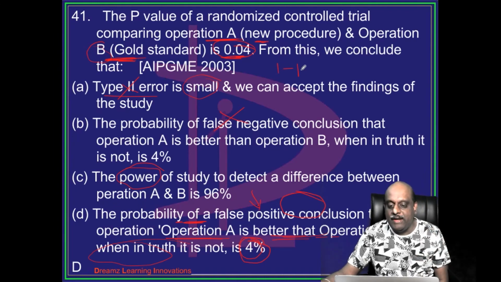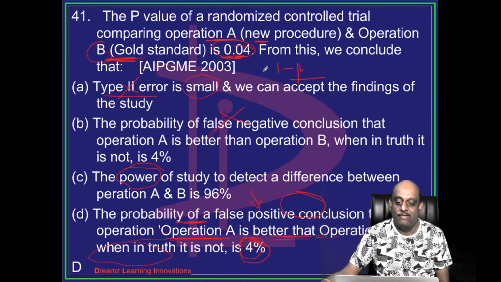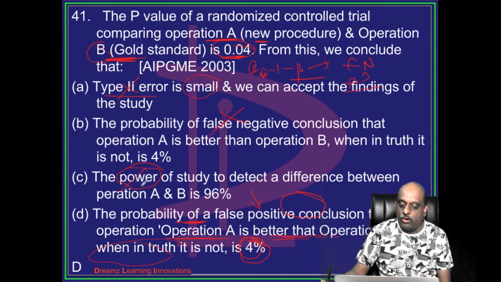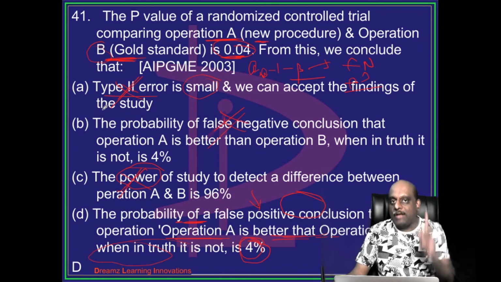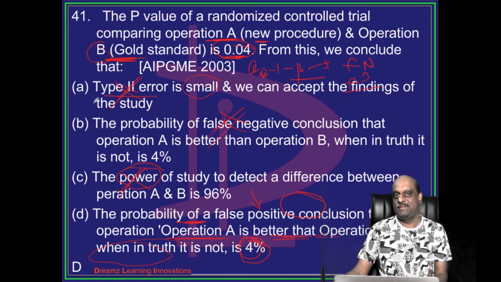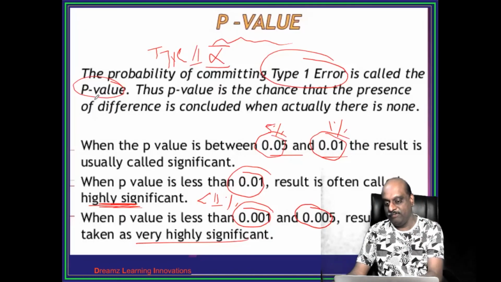Power is 1 minus beta error. Beta error is about false negatives. Alpha error is about false positives. So it doesn't talk about power, it doesn't talk about false negatives, it doesn't talk about type 2, it talks about type 1 error and false positives. The p-value. Right? Very good.